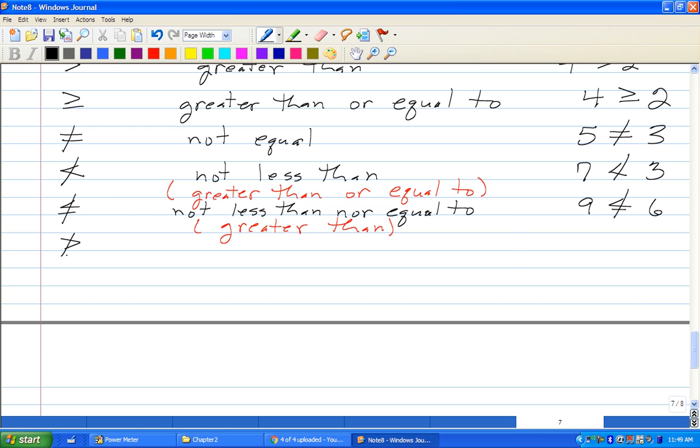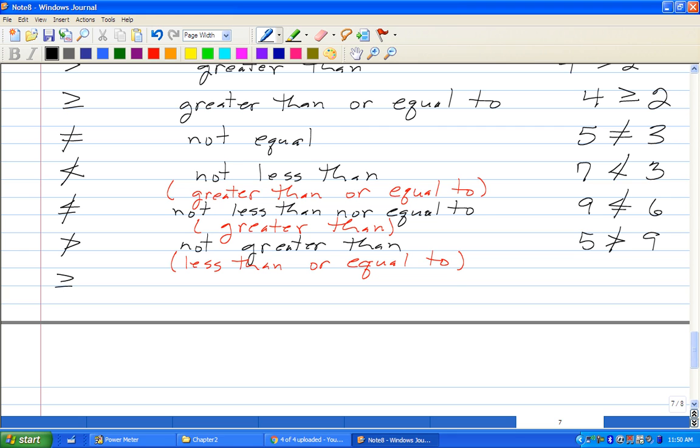Not greater than. So 5 is not greater than 9. This is the same as less than or equal to. 5 is less than or equal to 9.